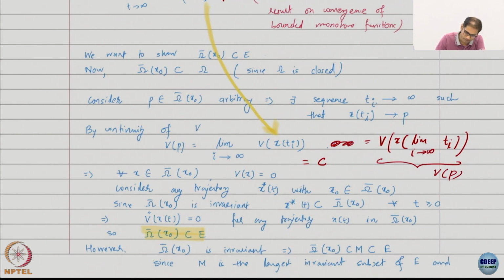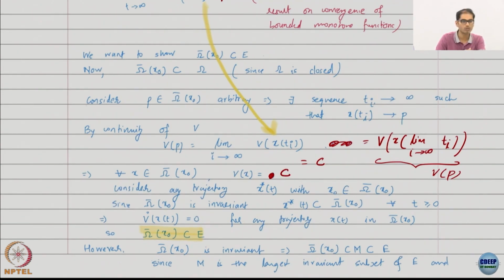Because my p was arbitrary, I can claim that for all x in this limit set, this is equal to some constant. I have just proved it, because I have taken an arbitrary p, I can take any other p, it does not matter. So for all p in this limit set, v of p is actually a constant, and the same constant.